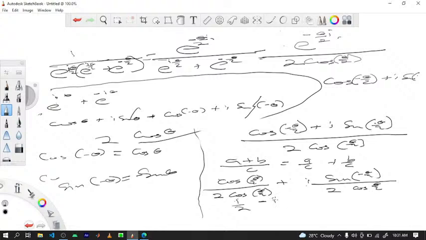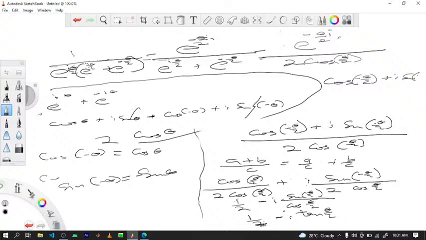So let me just skip that and write sine theta over 2 all over cos theta over 2. And this transforms to give us what? Half minus I tangent of what? Theta over 2. You get it?